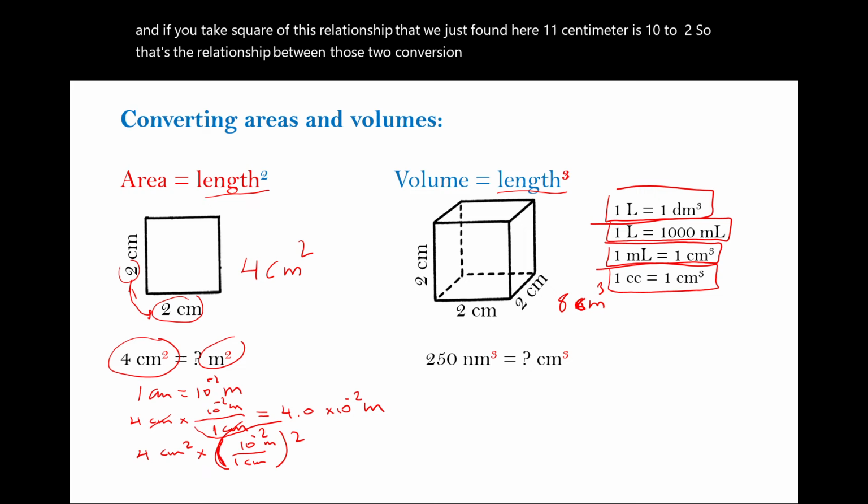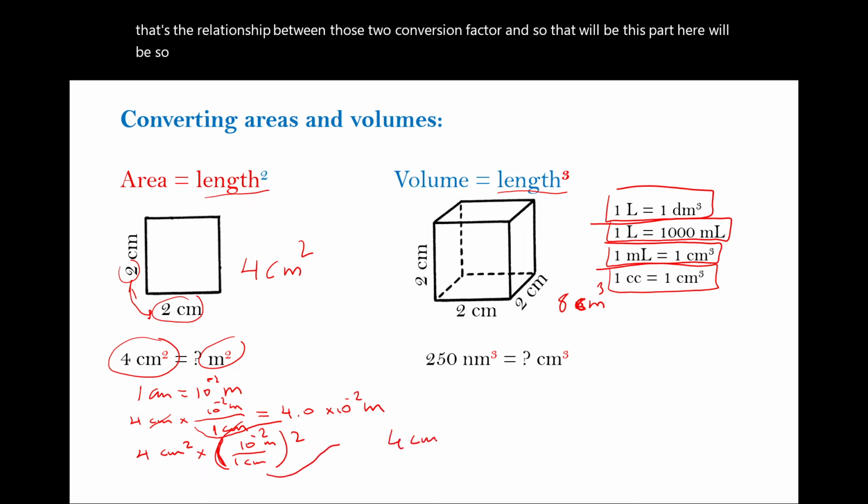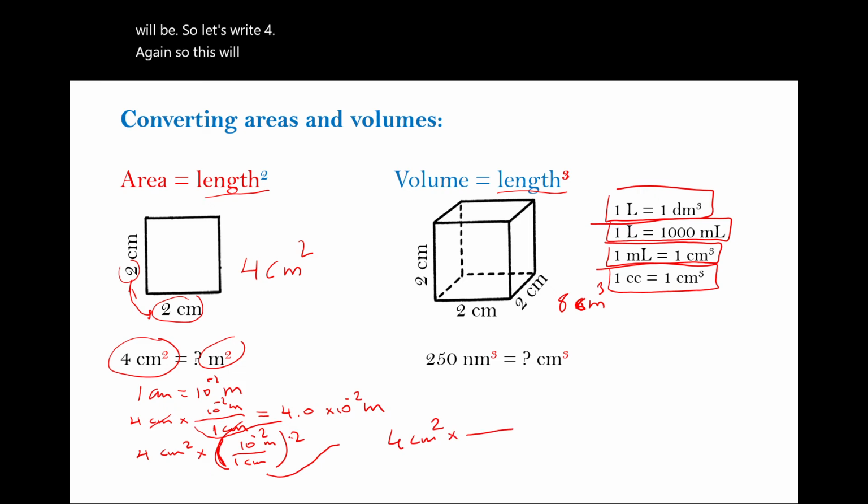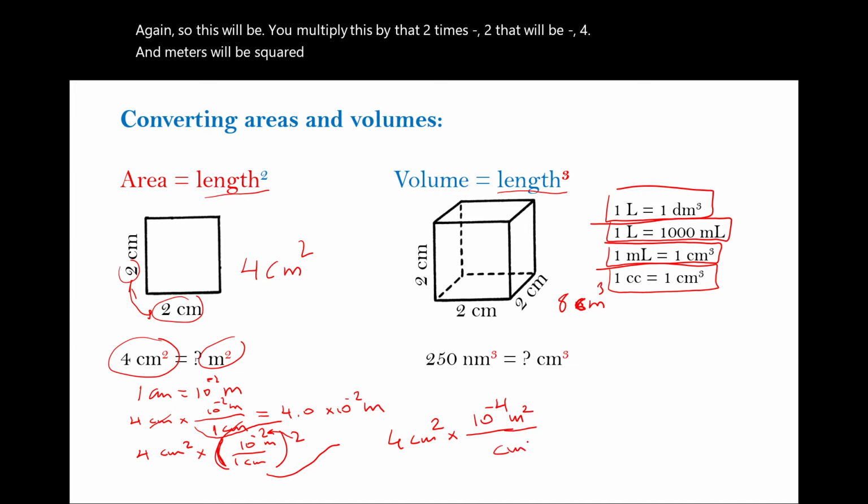And so let's write 4 again. You multiply this by that, 2 times negative 2, that will be negative 4, and meter will be squared, and centimeter will be squared.